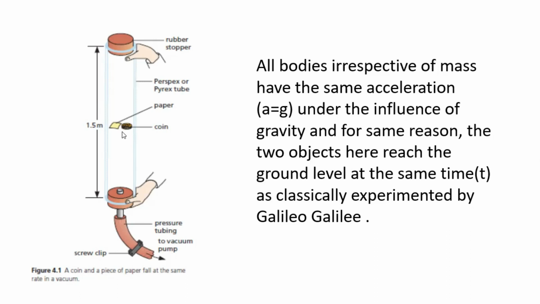Why? Because they are under the influence of the same gravity. That's very essential. All bodies, irrespective of mass, have the same acceleration under the influence of gravity. For this reason, they will both land on the ground at the same time.